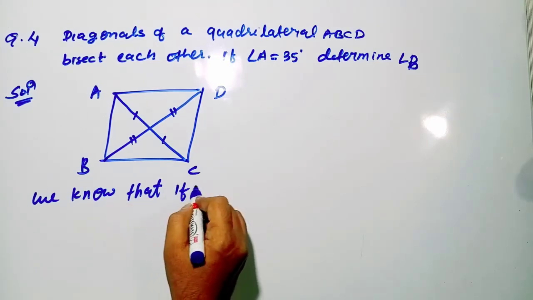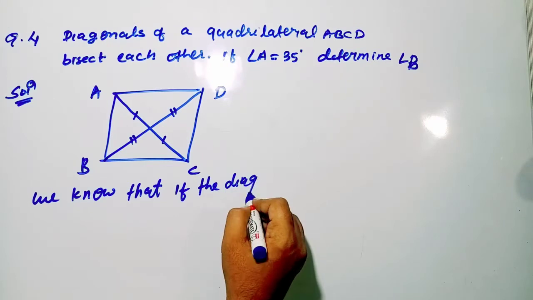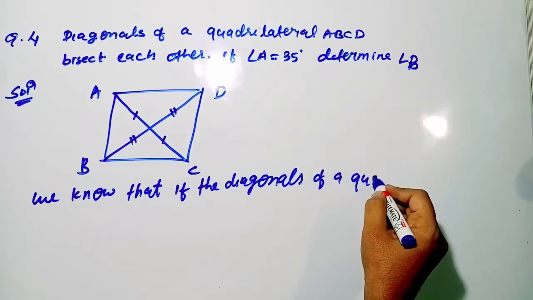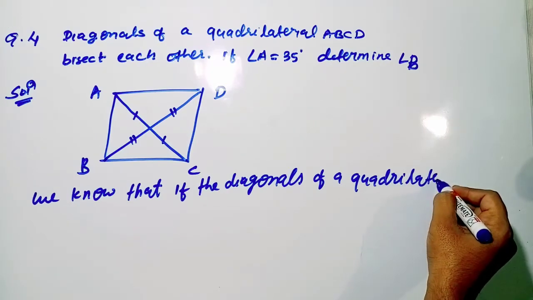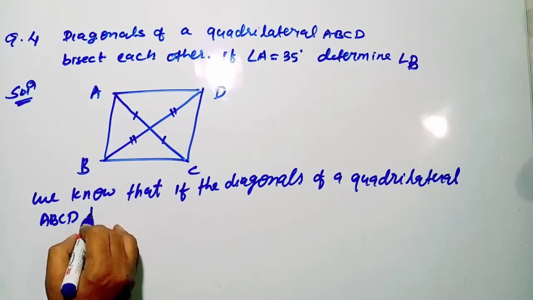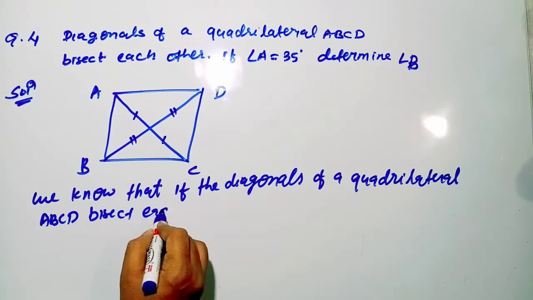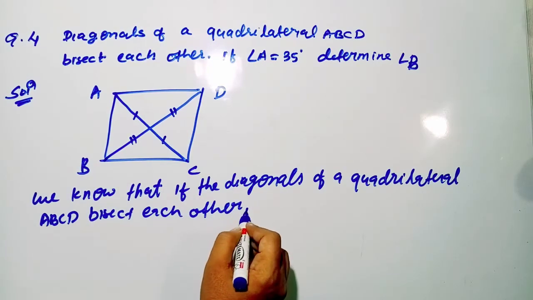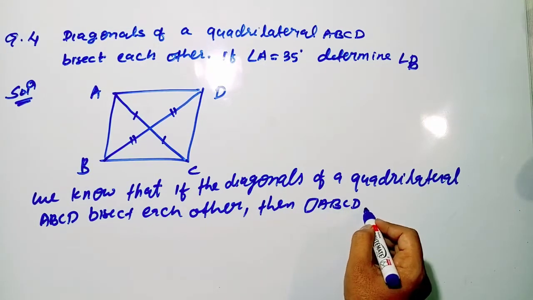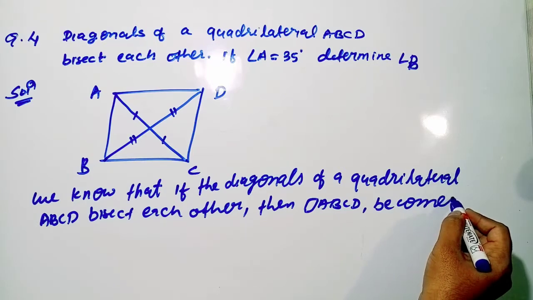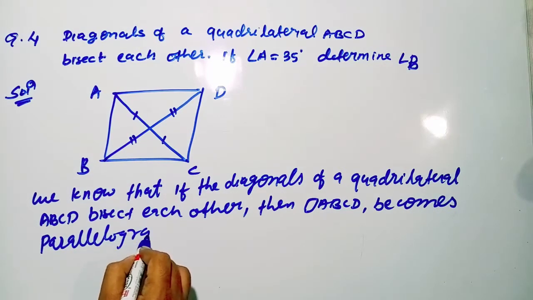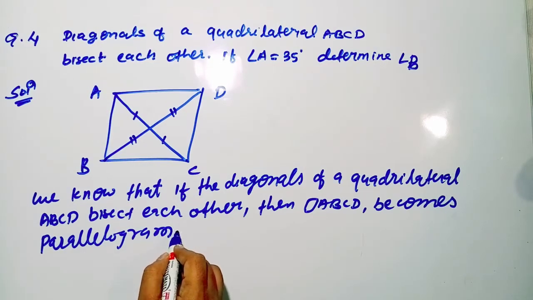We know that if diagonals of a quadrilateral ABCD bisect each other, then quadrilateral ABCD becomes a parallelogram.